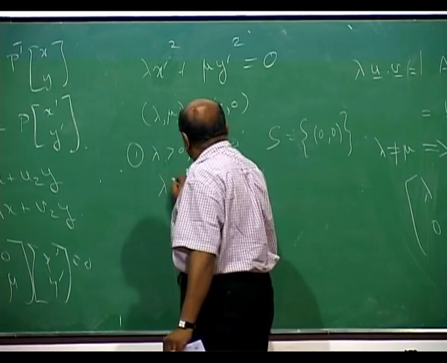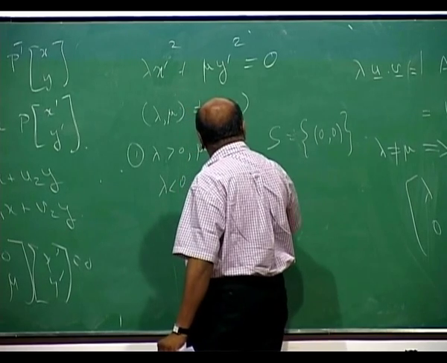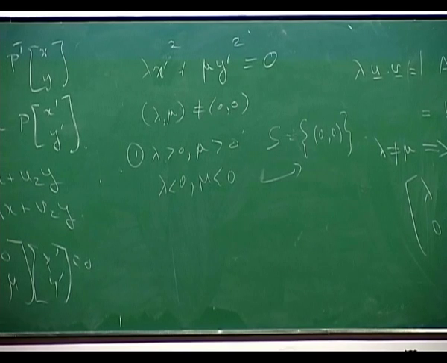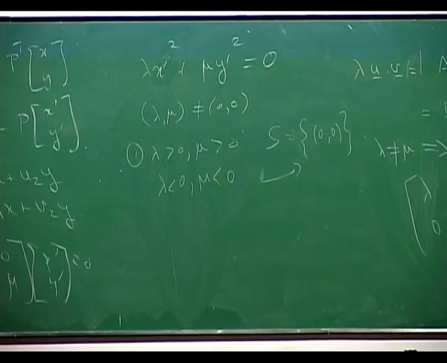If lambda is less than 0, mu is less than 0, same story, because again it's a sum of two negative terms which is 0, so each has to be 0.